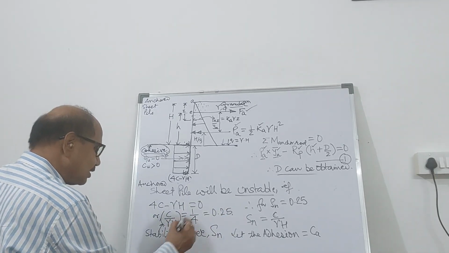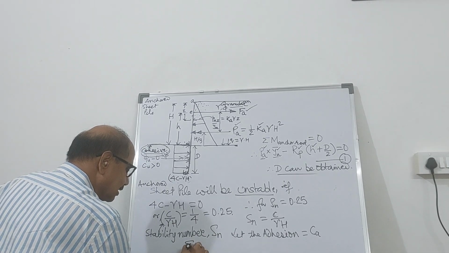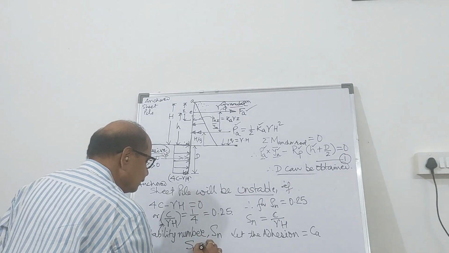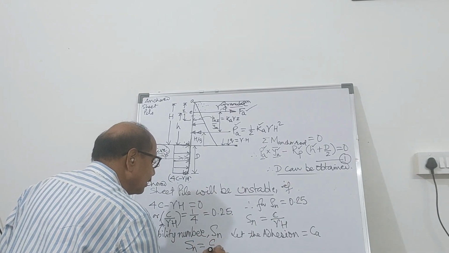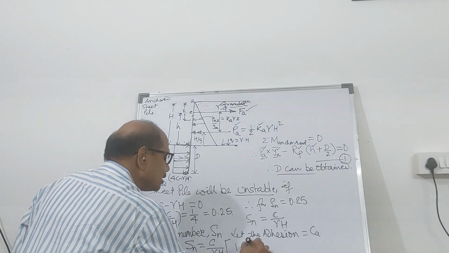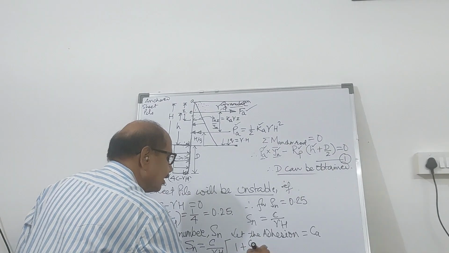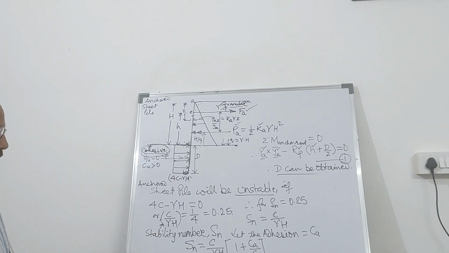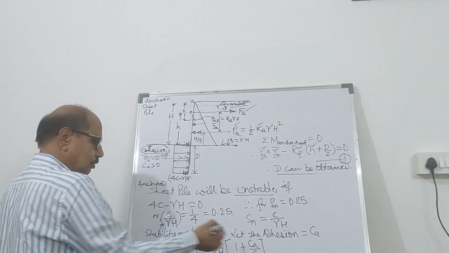Then the stability number Sn equals C divided by gamma H into 1 plus Ca divided by C. So this will come into picture.